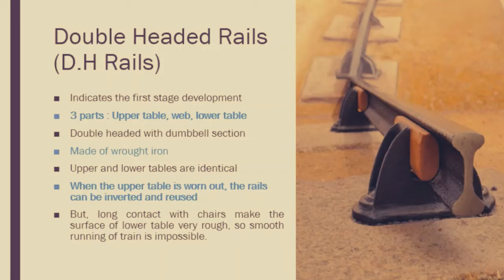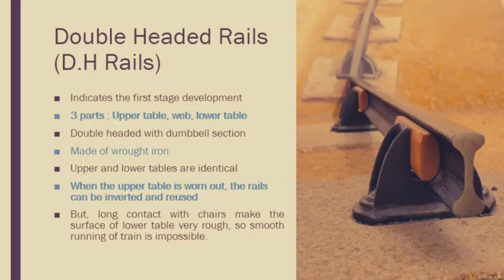The speciality of this rail is that the upper and lower tables are identical. The advantage of using this type of D.H rail is that when the upper table is worn out, the rail can be inverted and reused.